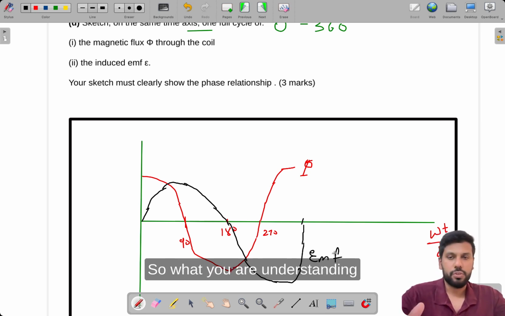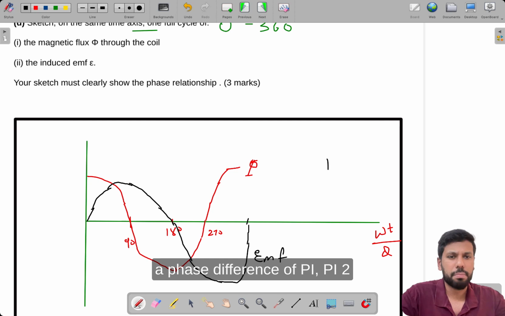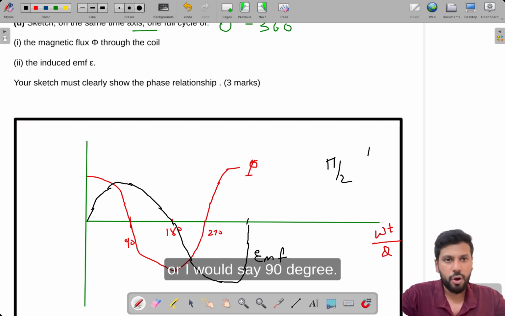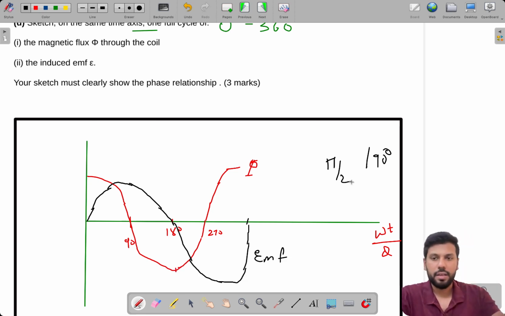So what you're understanding here is that they both have a phase difference of pi by 2, or I would say 90 degrees. Why?